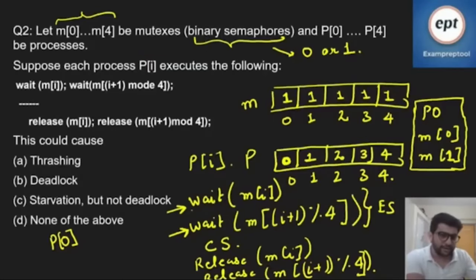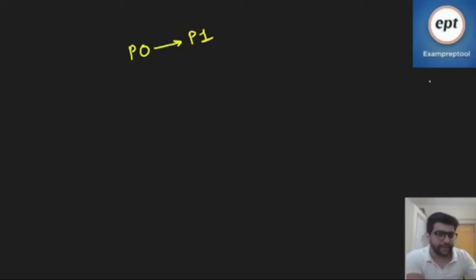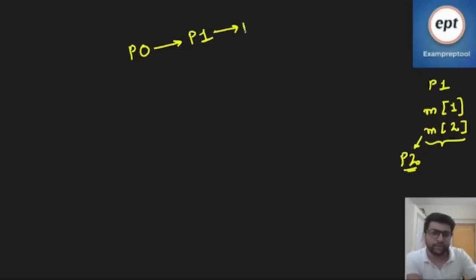And similarly, the P1 process was waiting for the mutex M1 and then it is waiting for the mutex M2. However, this M2 resource has been locked by the process P2. So P1 is waiting for P2, and similarly P2 is waiting for P3, P3 is waiting for P4, and P4 is waiting for P0.